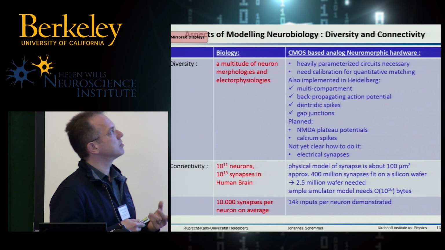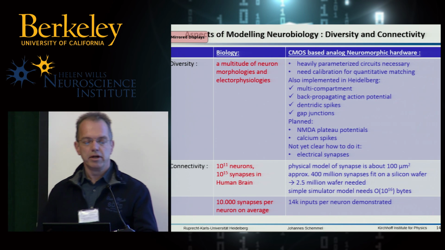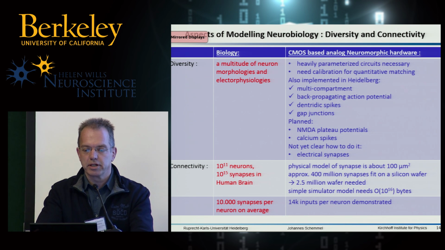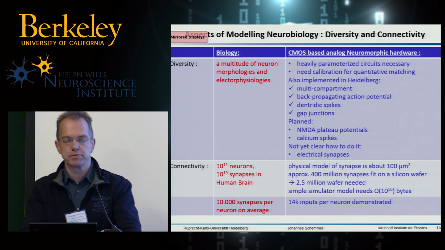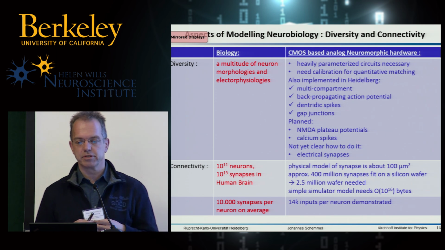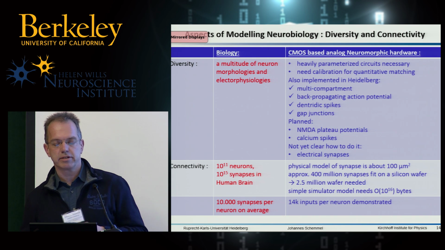Now let's go through all the aspects of modeling neurobiology to make such a model really useful to understand the biological system or to test ideas of the biological system. So we have to be able to capture the important aspects of the biological system. What I've shown so far is things about the neurons and neuron behavior.